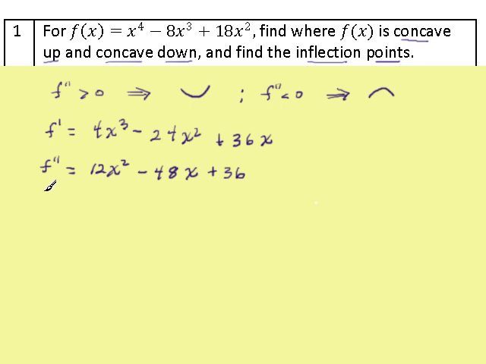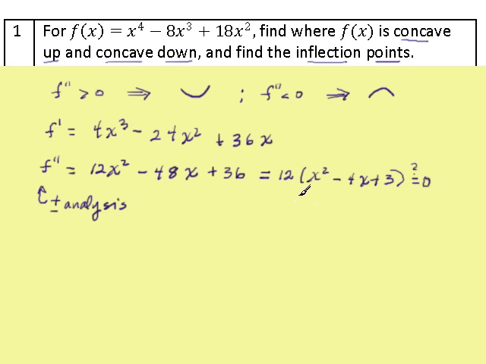Now we're going to do a plus minus analysis to see where this is positive and negative. So first we have to see where it's 0, and we'll put those zeros on the number line. Let's factor out 12. And we have x squared minus 4x plus 3. Okay, again, we want to know where this is equal to 0.